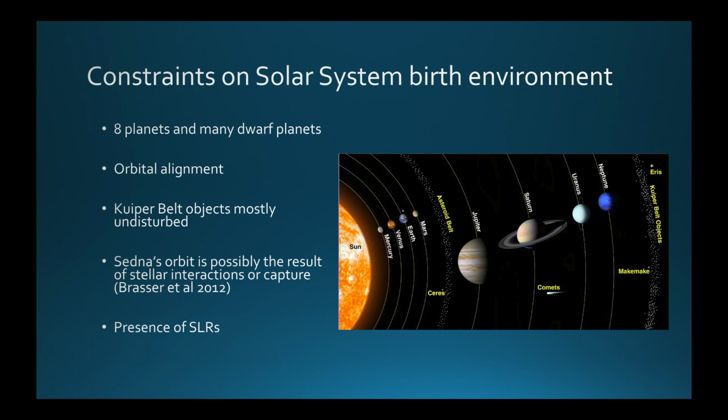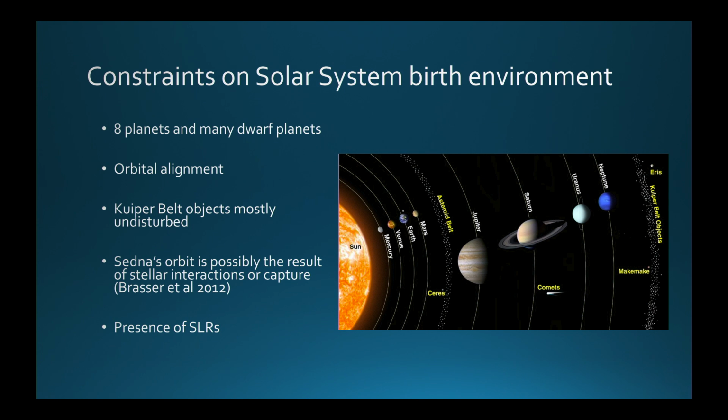And what can looking at the solar system today tell us about what was happening to our planetary system while it was forming? So as has previously been said, we have 8 planets in our solar system and lots of dwarf planets. There's always more being found. And all of these seem to have approximately spherical orbits and are nicely aligned.